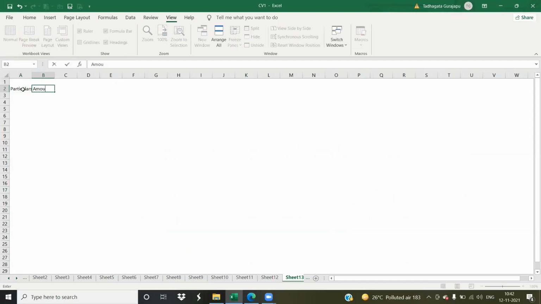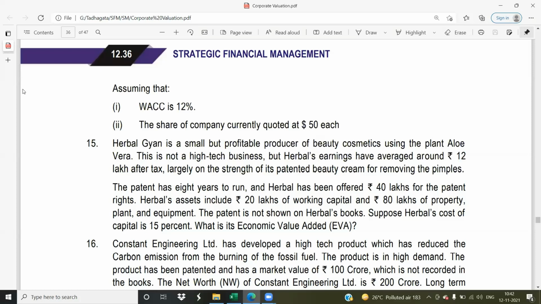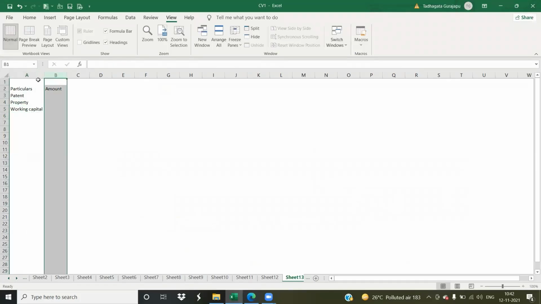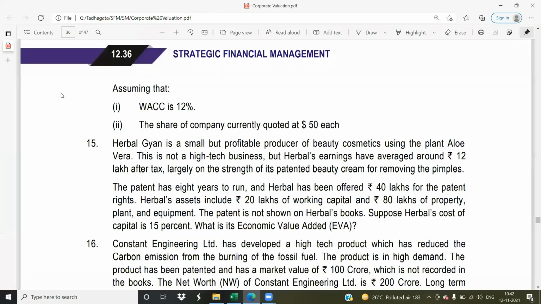Particulars, amount. Let us find out invested capital first: patent, property, plant and equipment, and working capital. How much is the patent?